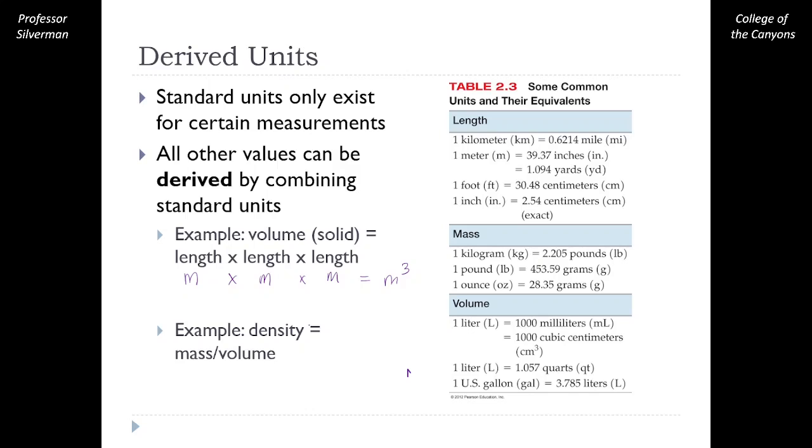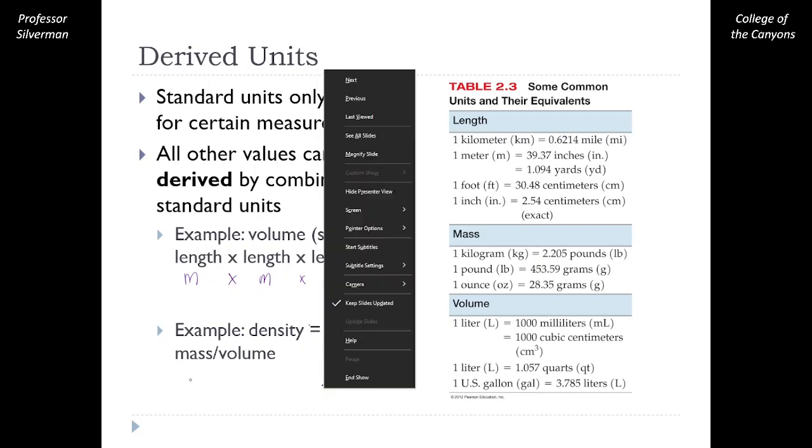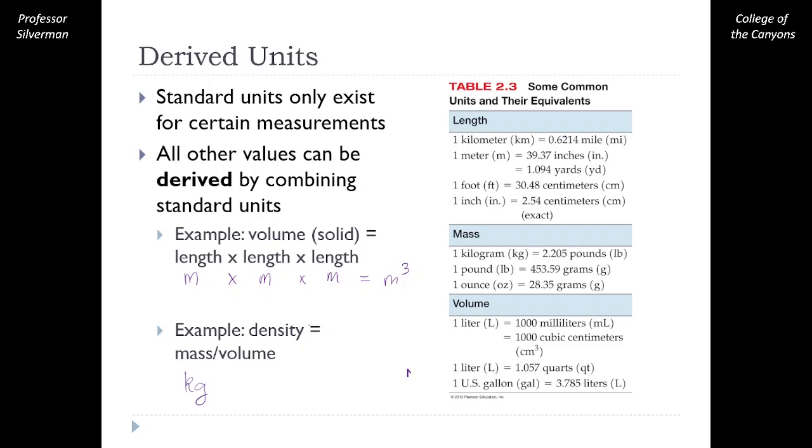Likewise, for density, this ratio of mass divided by volume, well, our mass is going to be in kilograms, and our volume is going to be in cubic meters. So this SI unit gets to be referred to in kilograms per cubic meter.